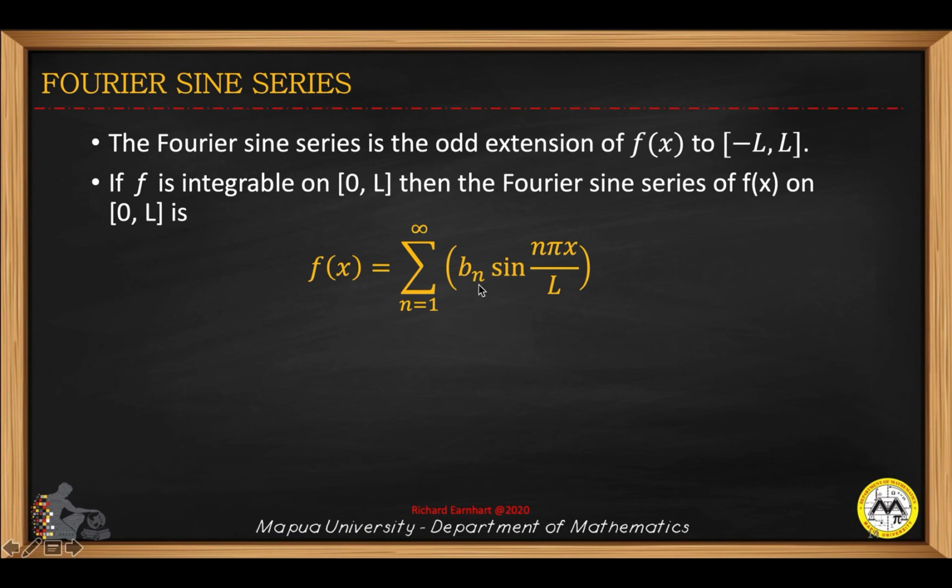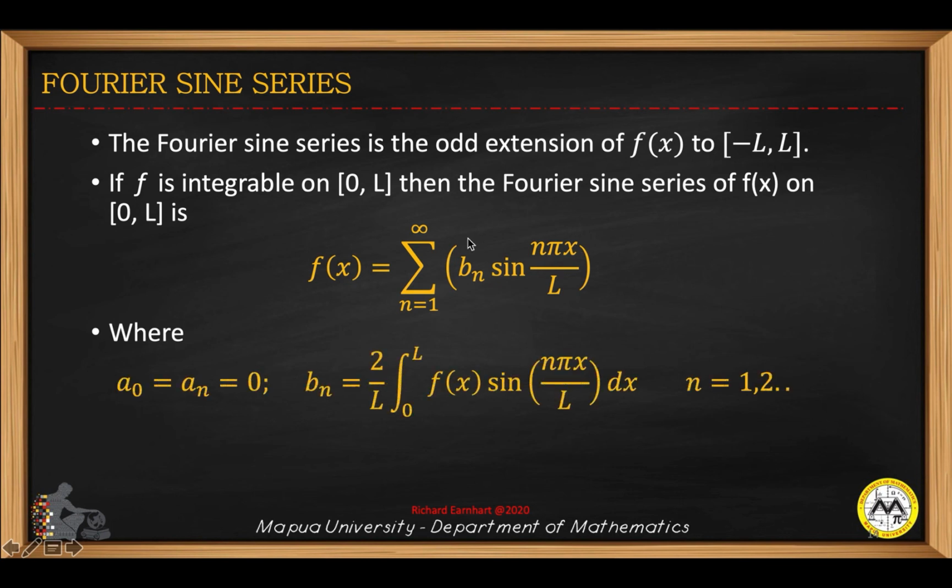This is your f of x that contains only the sine function and your b sub n, because a sub o and a sub n are equal to 0 when you have an odd function. We just compute b sub n, which is 2 over L times the integral from 0 to L of f of x sine n pi x over L dx. So n will take the values 1, 2, and so on.